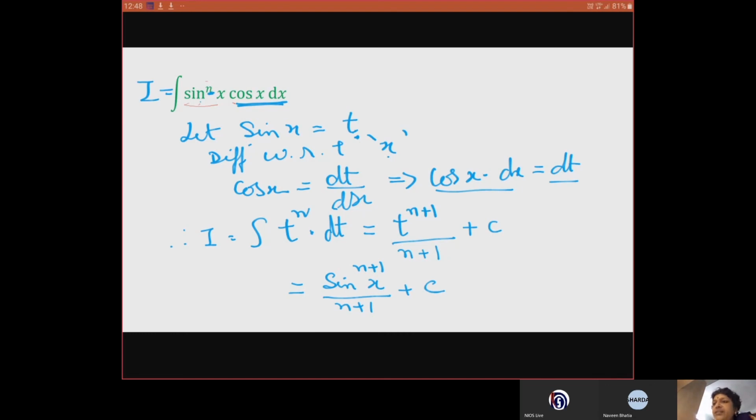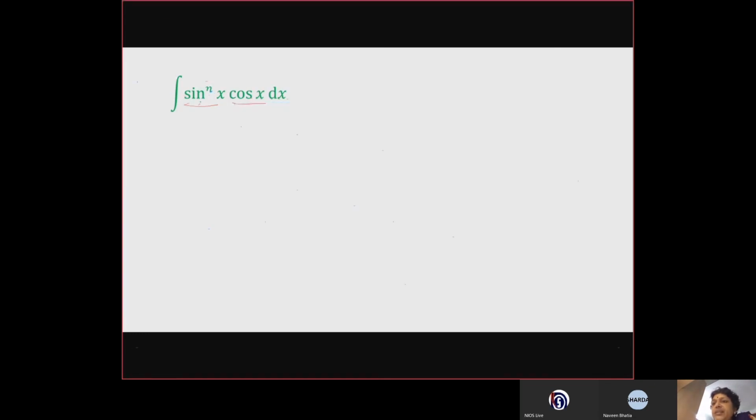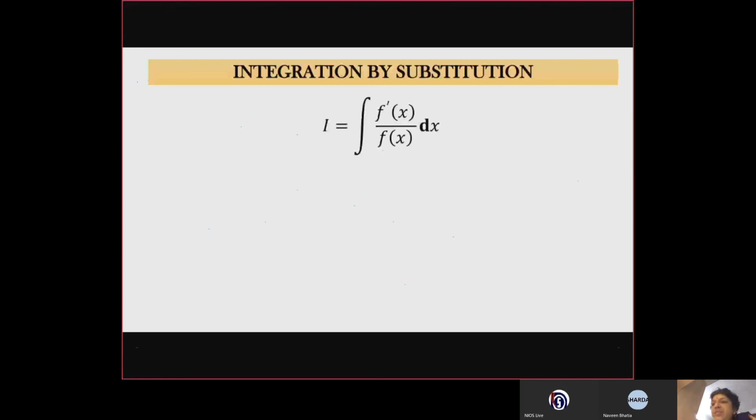Moving further, suppose we have two functions divided. Always check if the numerator is the derivative of the denominator. Check if the numerator is the derivative of the denominator.